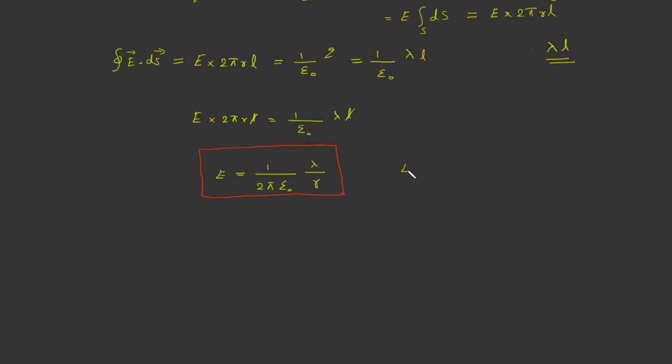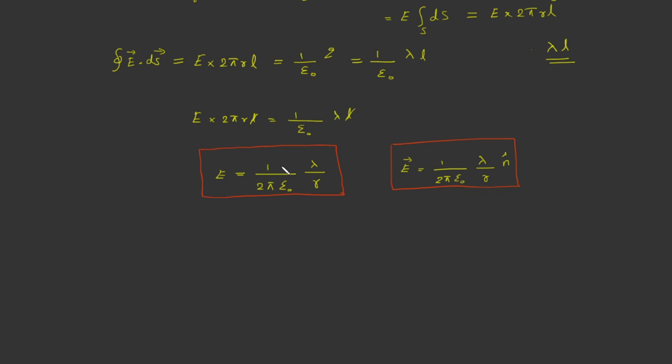We can represent it vectorially, then E is equal to 1 by 2 pi epsilon 0 lambda by R into n cap, where n cap is the radial unit vector in the plane normal to the wire passing through the point.